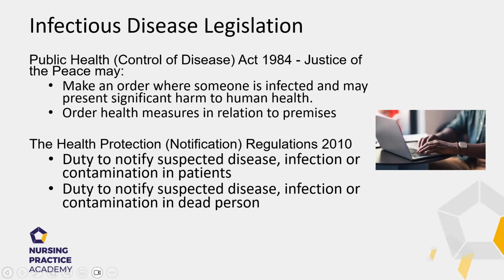The reason for this is to determine whether there is any further public health action that may need to take place. Link this back to the regulatory action on healthcare workers, where there were things like hepatitis B and hepatitis C. When that was notified, they would have done a look-back exercise to see where these people got their disease from. This is what the health protection regulations are there for.